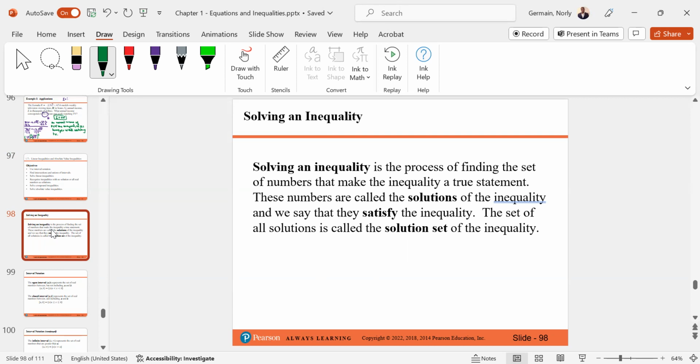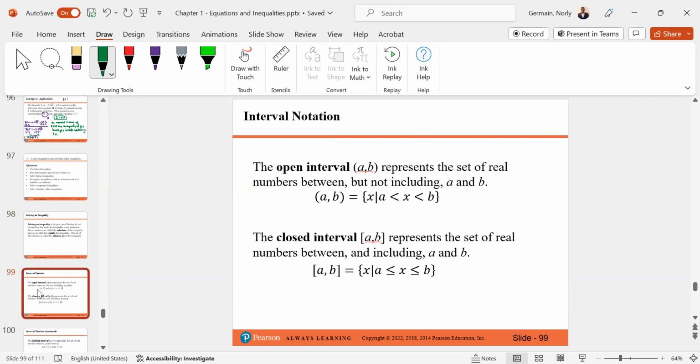We also know set builder notation and interval notation are used to represent these solution sets. Usually, for those of you who follow my other algebra classes or videos, you would know that we talked about set builder notation, and interval notation or graphs to represent solution sets of inequalities.